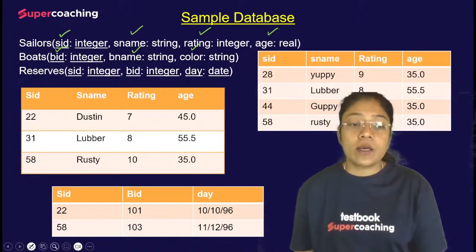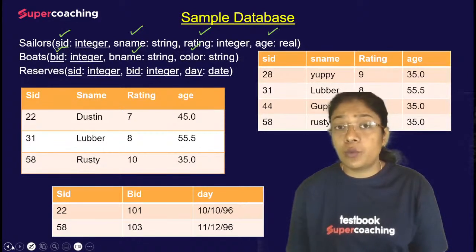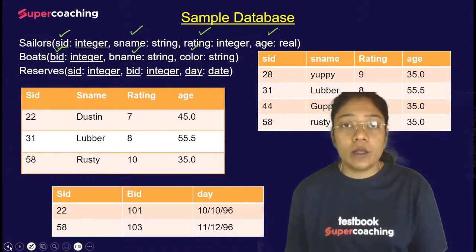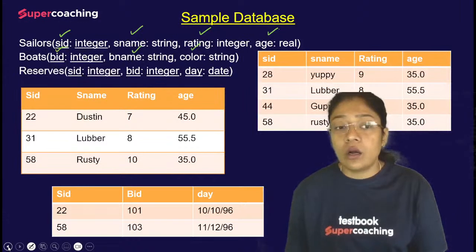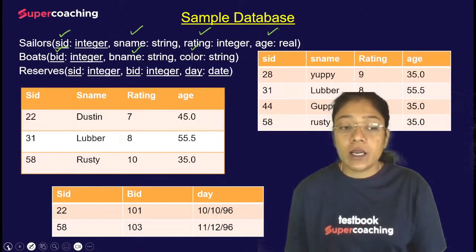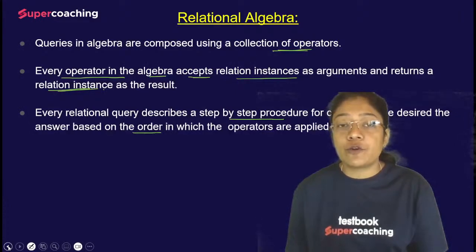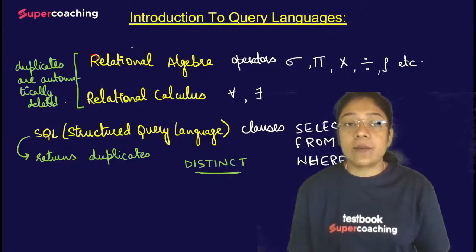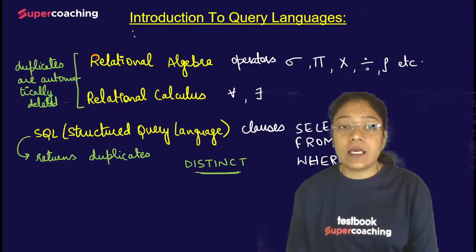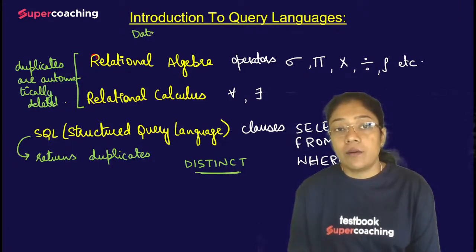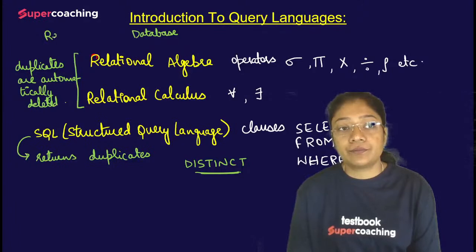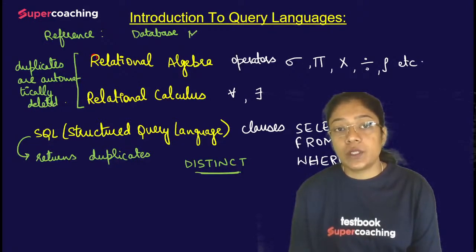Let me tell you one important thing. Whatever concepts I'll be discussing, whatever examples I'm taking, or the theory we are covering, if you want to read this in detail, for query languages I'm referring to the book Database Management Systems by Raghu Ramakrishnan. You can search for this. A free PDF is also available.